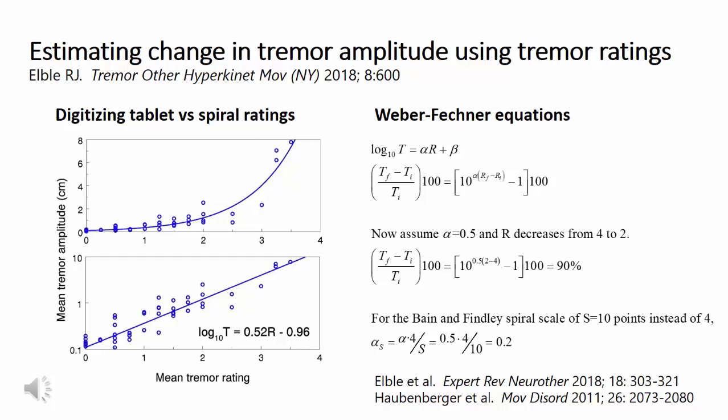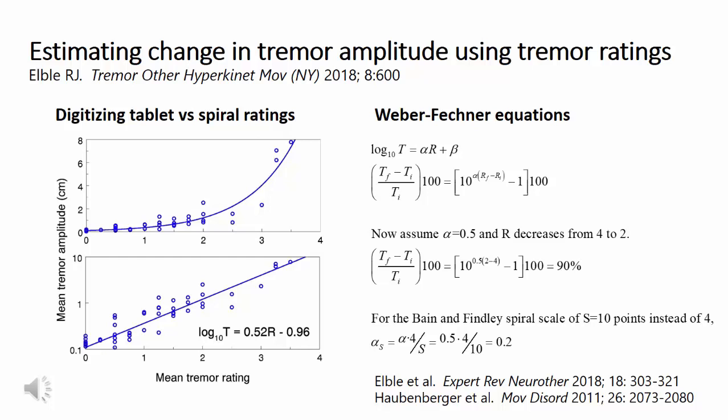An example is shown in this slide in which tremor amplitude is plotted versus tremor rating. The relationship is clearly logarithmic. This relationship has been found for multiple transducers and has been documented by many investigators, and I refer you to my editorial review cited under the heading of this slide.